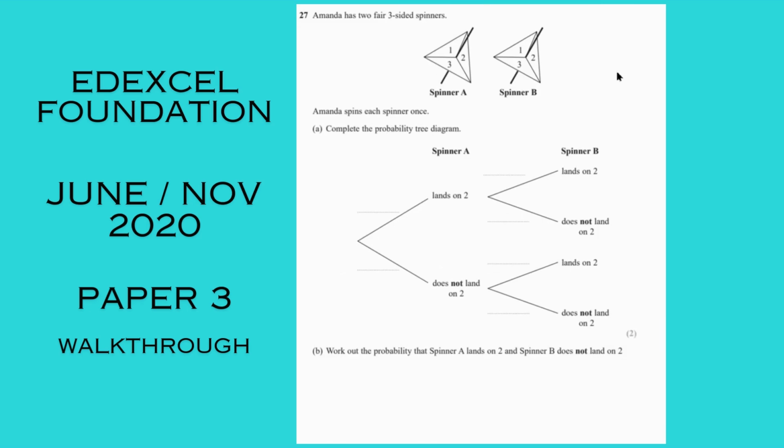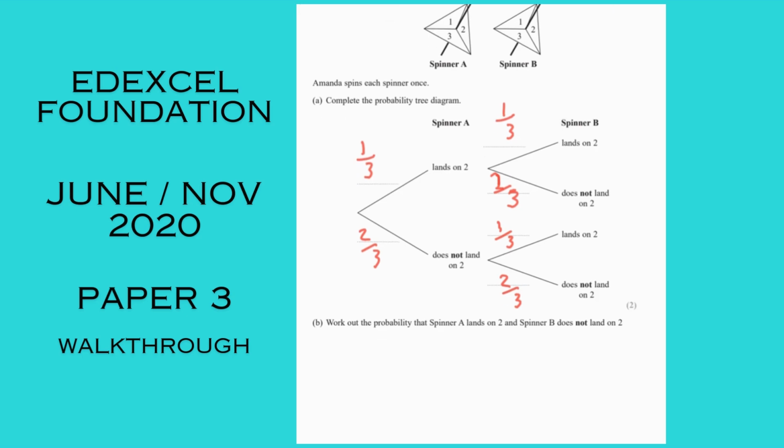Number 27. So, I don't know why they've got different spinners. Might as well be the same spinner twice. They've just repeated the work, trying to overcomplicate. Don't let them. So landing on a 2, it's a third and 2/3. Spinner B is identical. A third, 2/3.